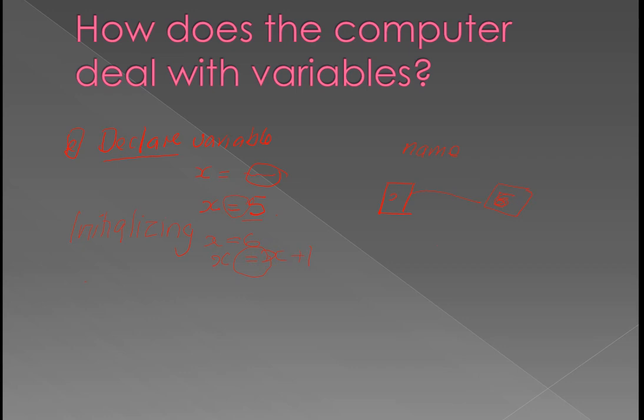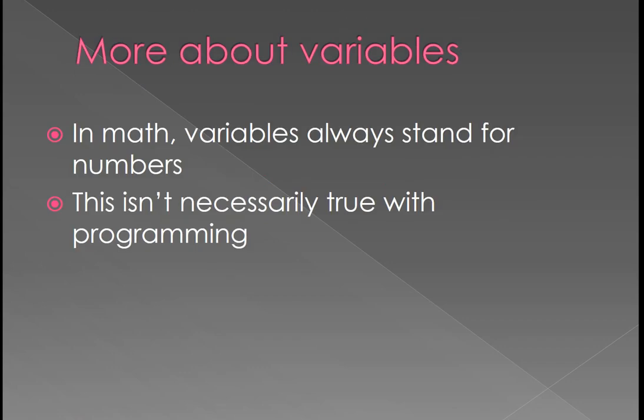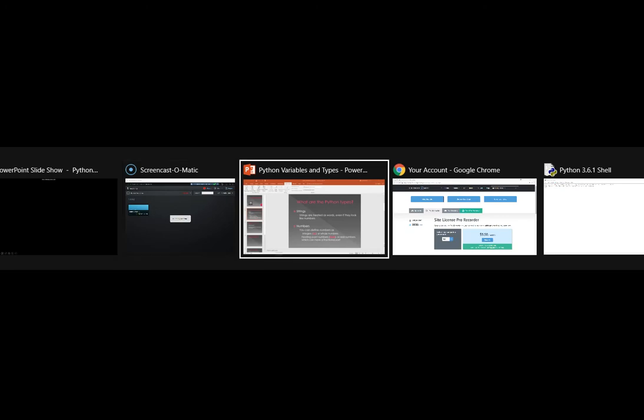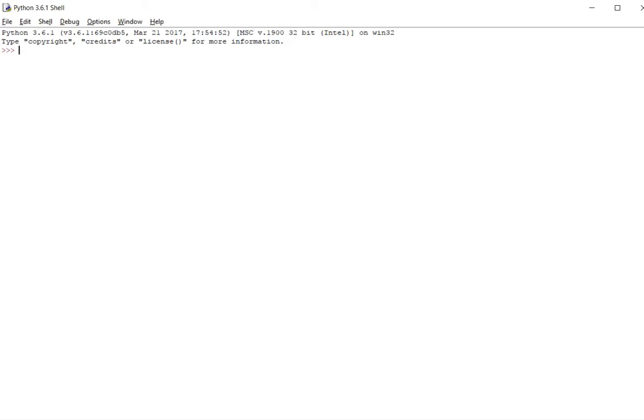Okay, so that's a really important thing that you need to know about dealing with variables. Okay, I got a bit ahead of myself. Now we're going to move over to Python.